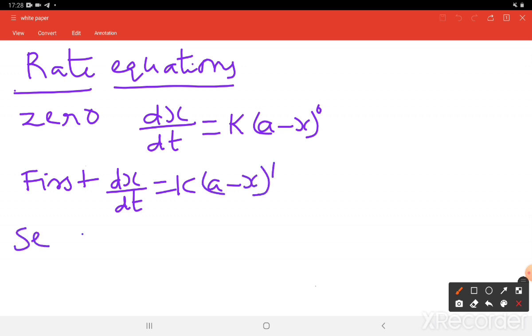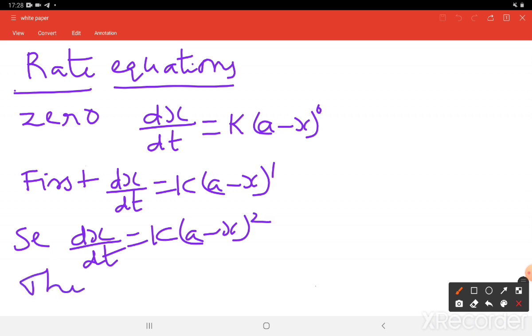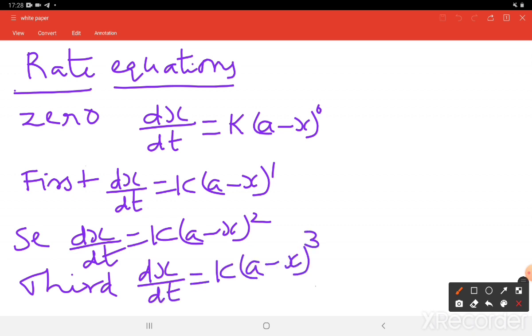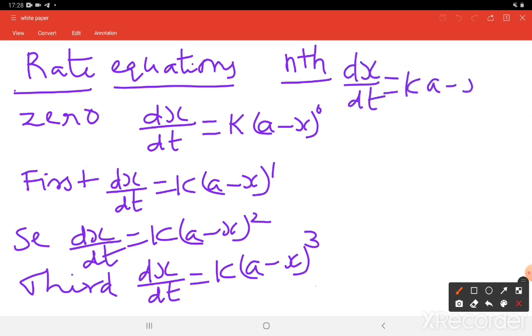For second order, dx by dt is equal to k (a minus x) power 2. For third order, dx by dt is equal to k (a minus x) power 3. And for nth order, dx by dt is equal to k (a minus x) power n.